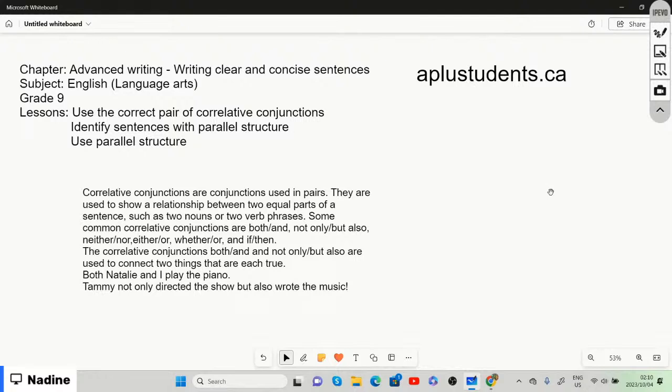And some common correlative conjunctions are both and.